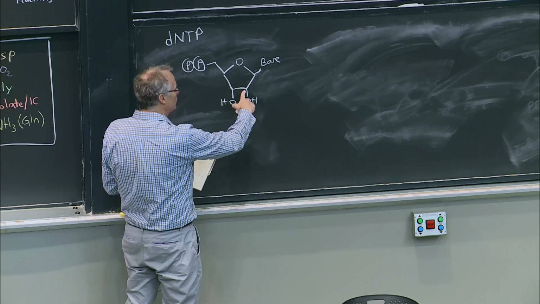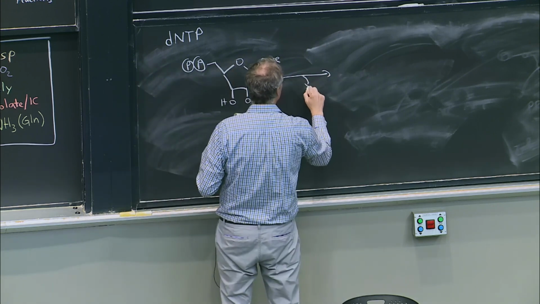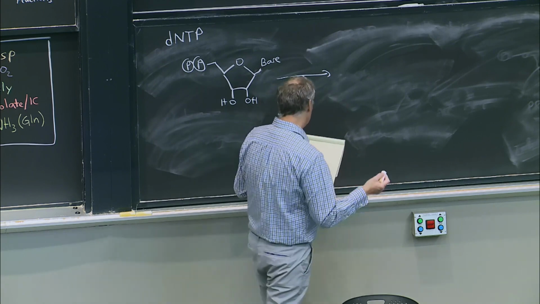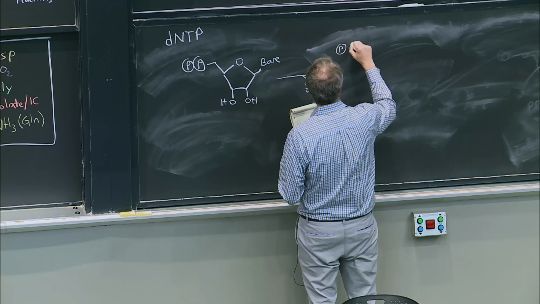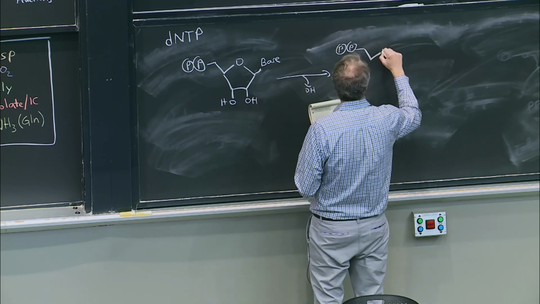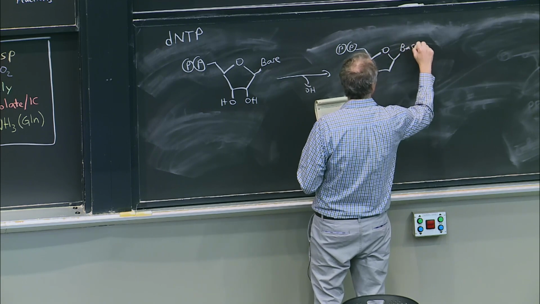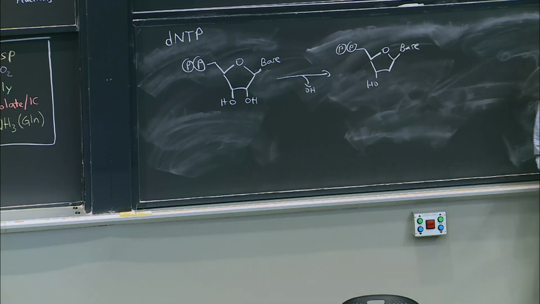And so we need to reduce this 2 position of ribose, basically reduce it from the alcohol to the saturated hydrocarbon to generate the deoxyribonucleoside.